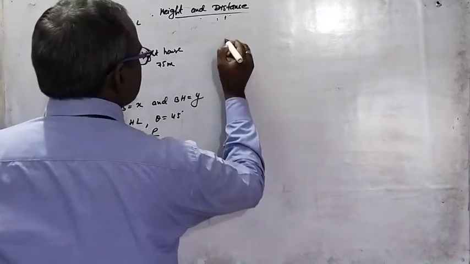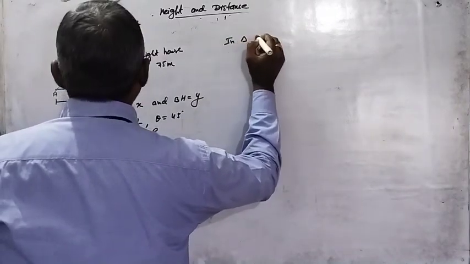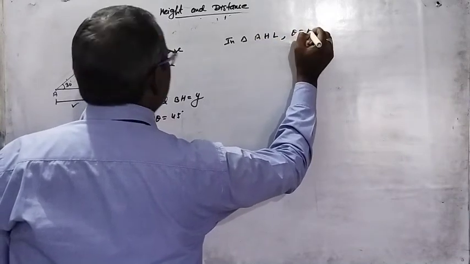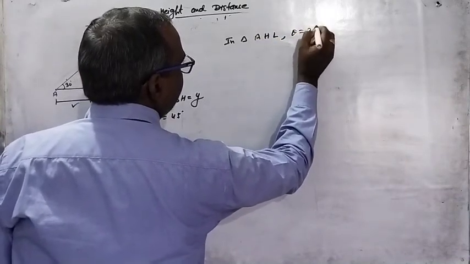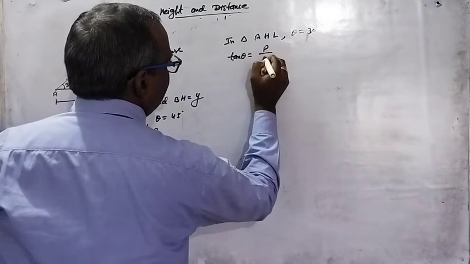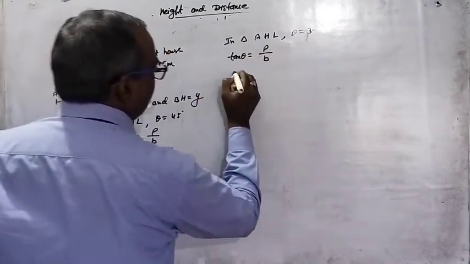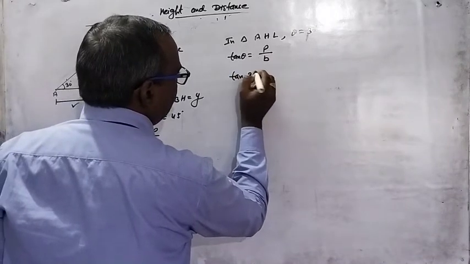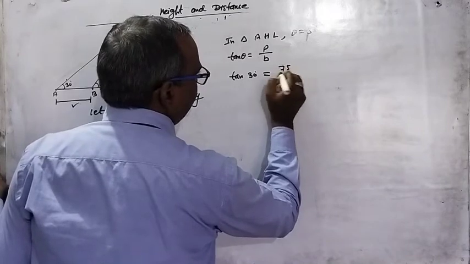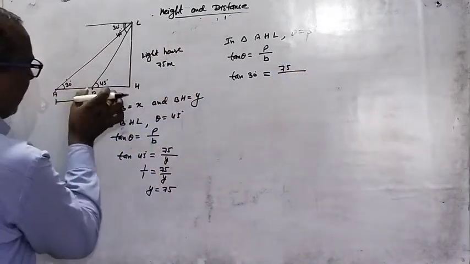And in triangle AHL, here theta equal to 30 degree. So tan theta is perpendicular by base. Here tan 30, perpendicular 75 and base will be x plus y.